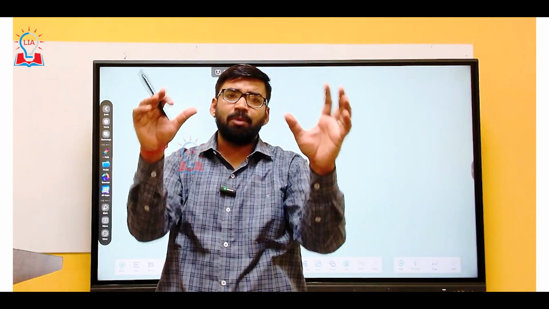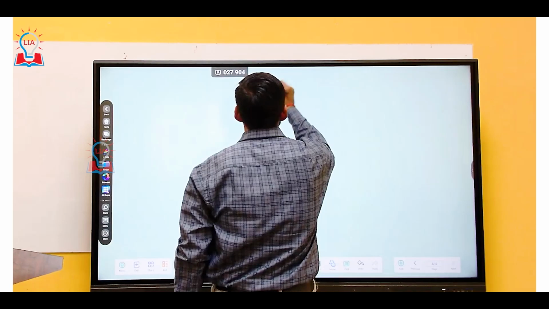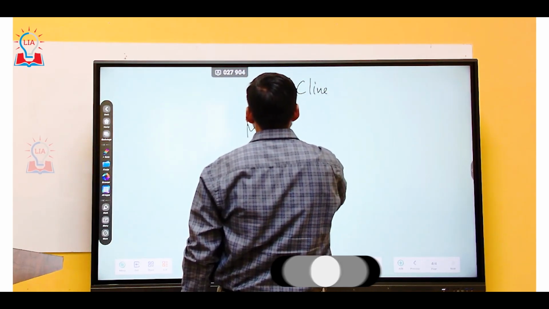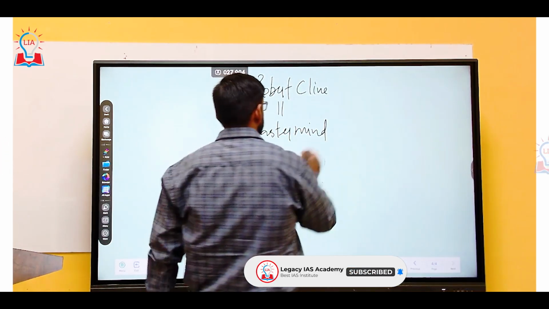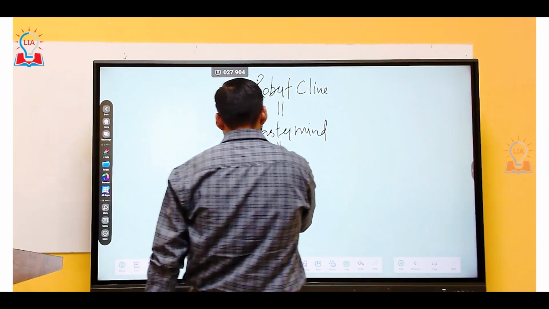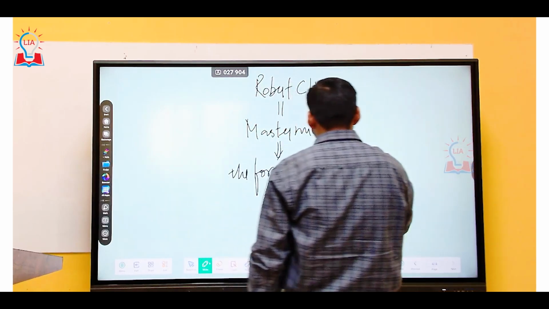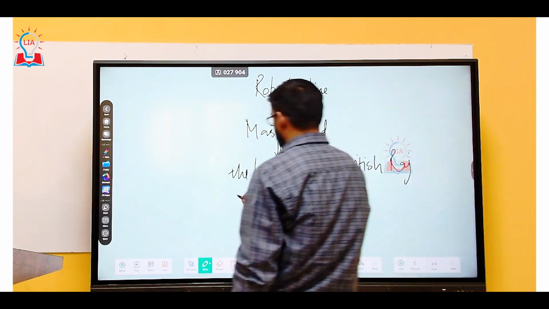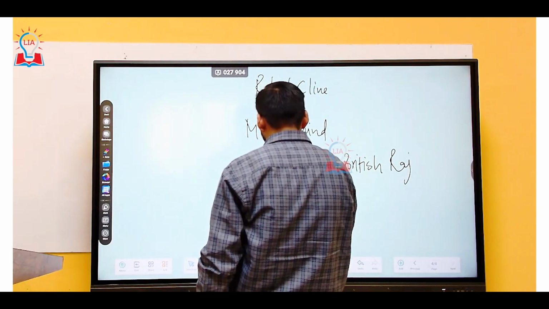Now, who is the mastermind of the British Raj to establish their rule in Bengal? So Robert Clive is considered as the mastermind behind the formation of British Raj in Bengal.